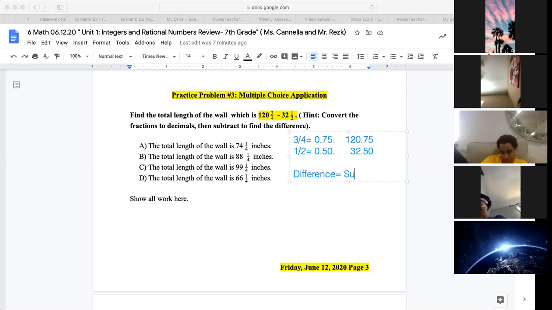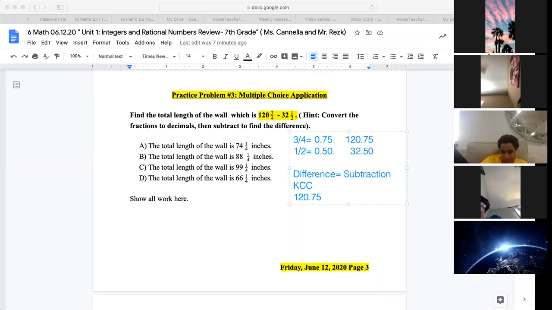Okay. Difference, what operation is the difference? Subtraction. Now, we know that when we are subtracting integers, you have to use what 3 letters? What do we do when we're subtracting integers? KCC. Good, we're going to write KCC here. So now we're going to write 120, and we're going to convert the fraction to decimals.